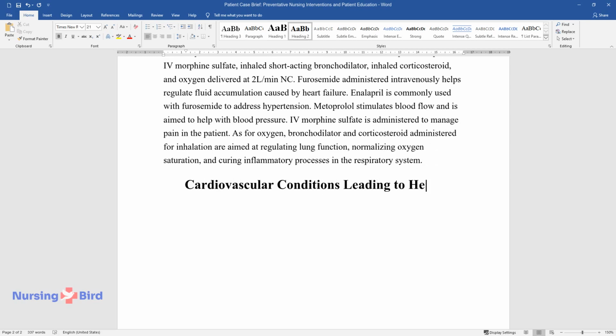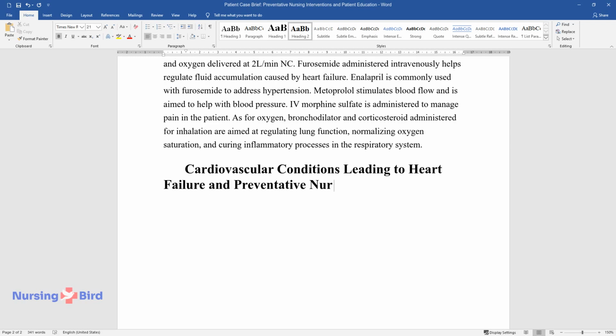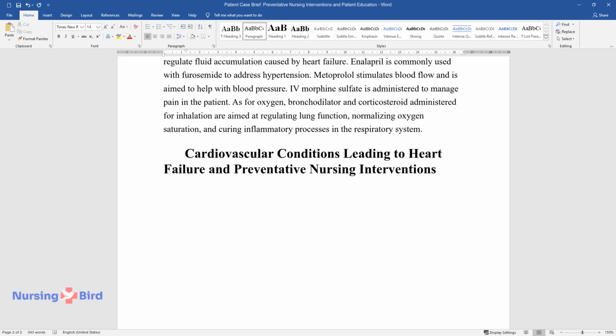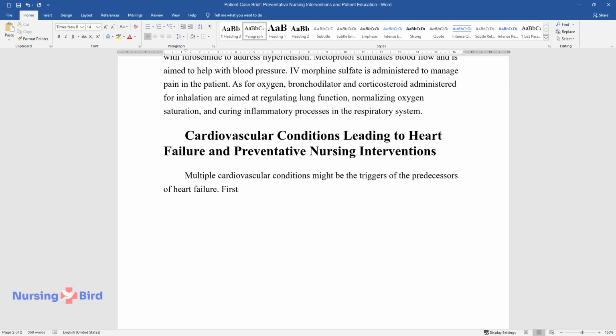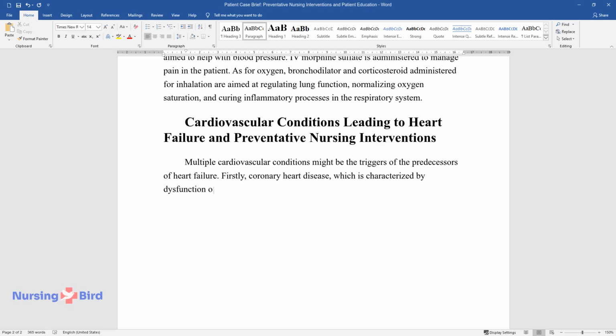Cardiovascular conditions leading to heart failure and preventative nursing interventions. Multiple cardiovascular conditions might be the triggers or predecessors of heart failure. Firstly, coronary heart disease, which is characterized by dysfunction of heart arteries, complicating the flow of blood rich in oxygen.